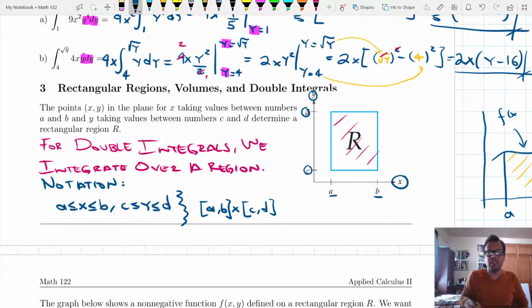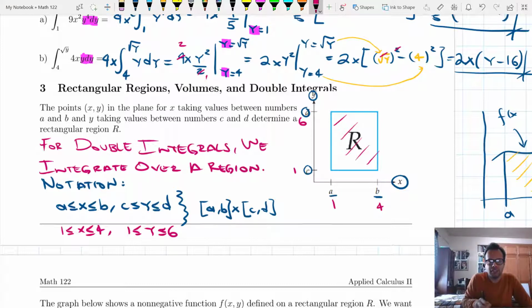For example, the rectangle, well, this looks like a rectangle. Let's say this one goes from 1 to 4, and then let's say this goes from 1 to 6. So we would say this region goes, as far as x goes, from 1 to 4, and as far as the y direction goes, from 1 to 6.